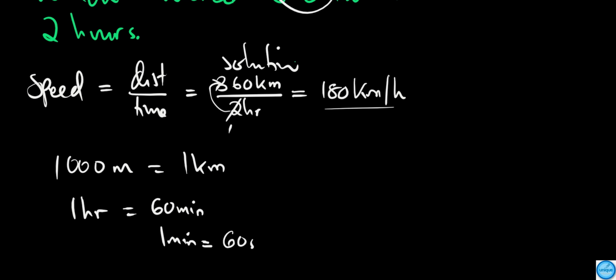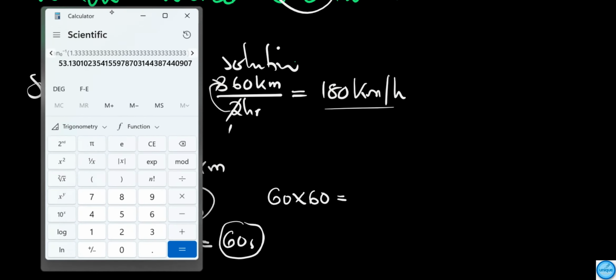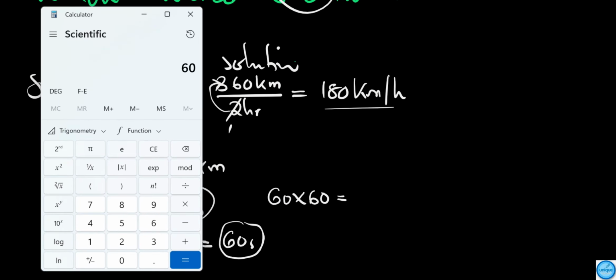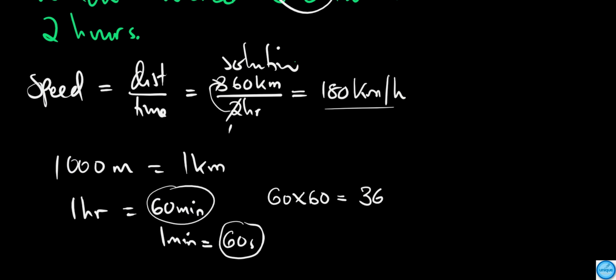So the seconds in 1 hour is the product of 60 seconds and 60 minutes, which should be 3600 seconds.